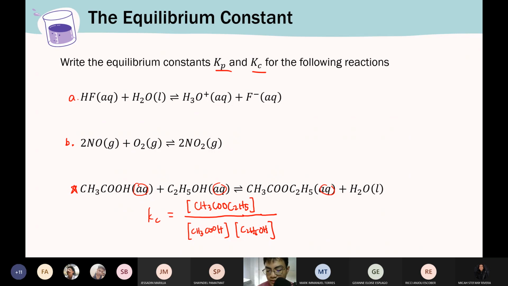Okay. Yung iba naman sa letter B. Tama naman.